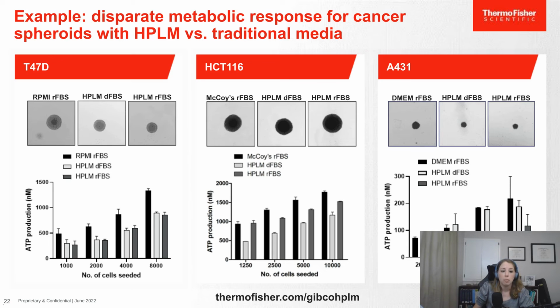You can see by the bar graphs that depending on the media formulation and the type of serum chosen, the cancer cell metabolism as measured by ATP production is significantly different. Therefore, it is very important to consider the formulation in which you are growing or assaying your cells. The closer we can match an in vivo-like environment to study cancer in the lab, the better our in vitro results will hold up when translated from the lab bench to the bedside.